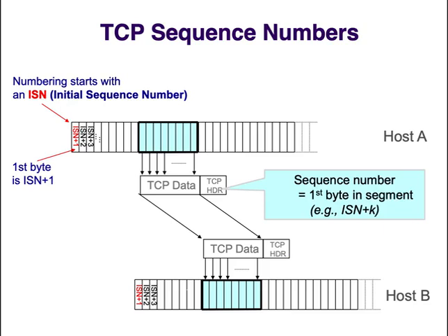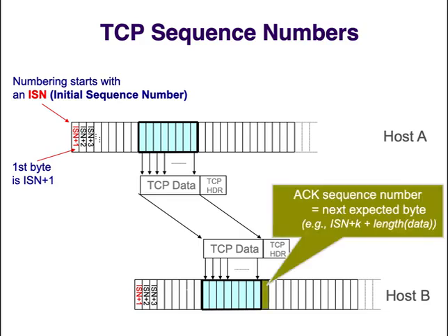I just made up the K as an example, just to show you that you're somewhere in the byte stream. ISN plus K is just to tell you you're K bytes into the byte stream. Actually, K minus 1 to be correct. And the question was why ISN plus K plus length of data?